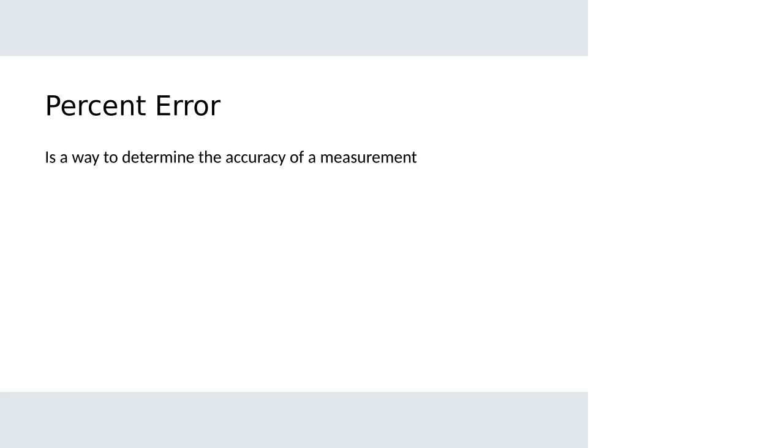So how accurate is a measurement anyway? That's what percent error is about. And percent error is found using a formula. It's the amount of error divided by the actual amount.